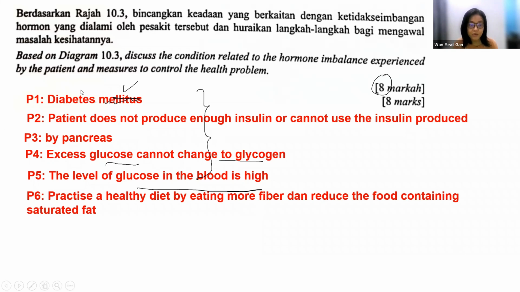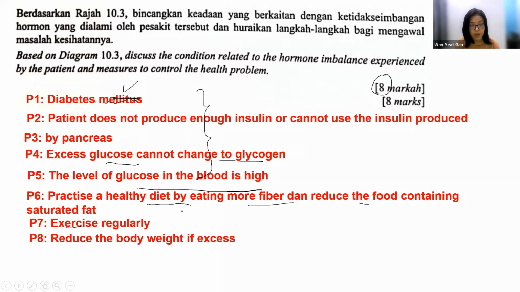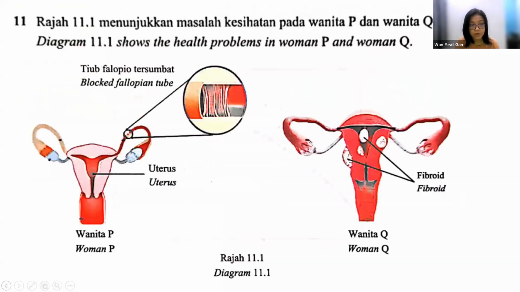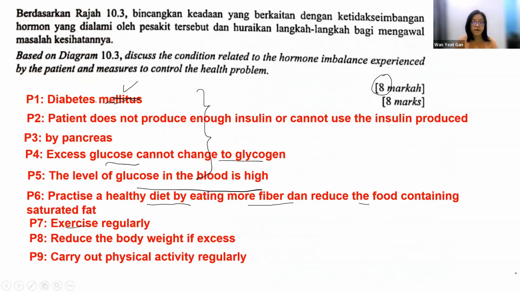Now you are going to discuss what measures to take to control his health. The first thing is to practice a healthy, balanced diet which contains more fiber and reduces food containing saturated fats. And of course, exercise regularly, reduce the body weight if excess, and carry out physical activity regularly.